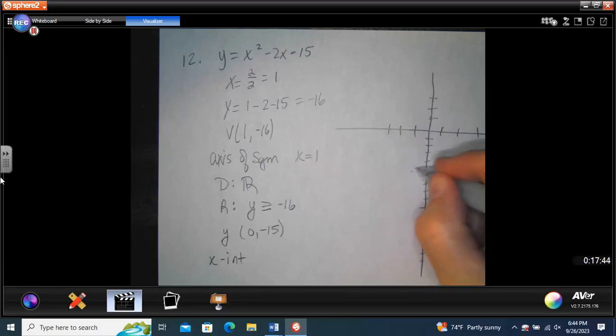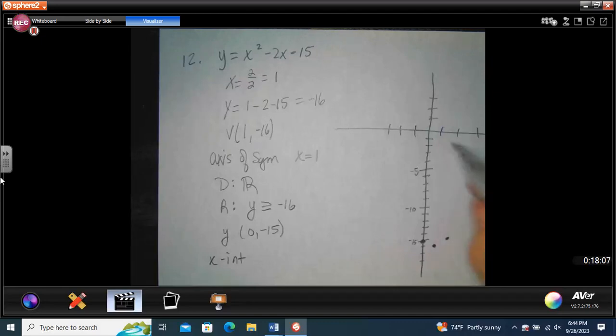So there's negative 5, negative 10, negative 15. My vertex is down here at (1, negative 16). And I have a y-intercept at (0, negative 15), which means I have another point over here at (2, negative 15). And I think I do have room to graph 2 more points.